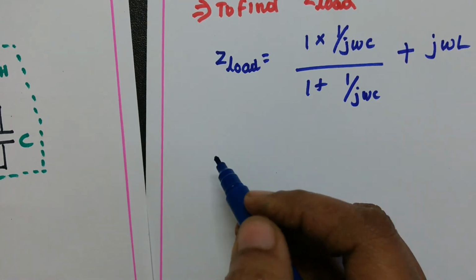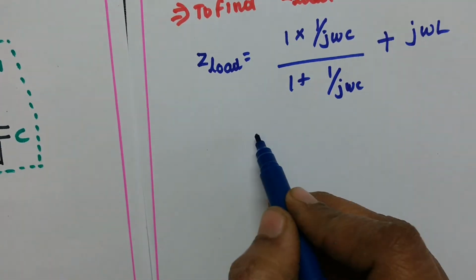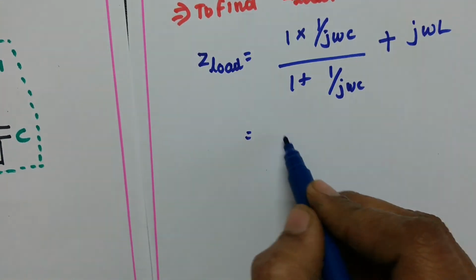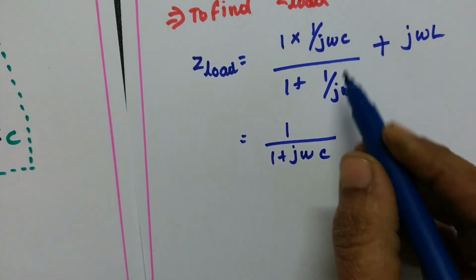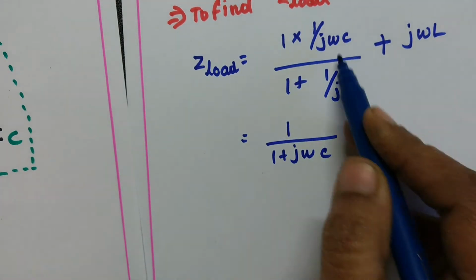Okay. At last we will substitute the values. So this will be simplified as 1 by 1 plus J omega C. So this way J omega C will get cancelled.